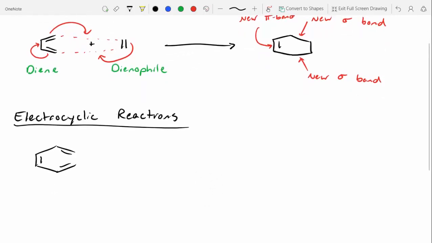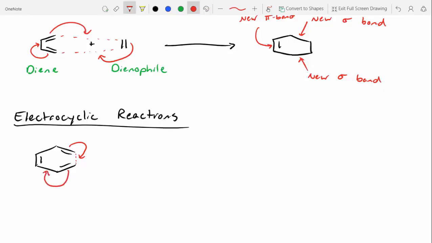And again, just like with our Diels-Alder reaction up above, we're going to get this cyclic flow of electrons. So this pi bond will hop down here. What do you think will happen with this pi bond? It'll break and go kind of clockwise all the way around the ring, just like we saw with the Diels-Alder.